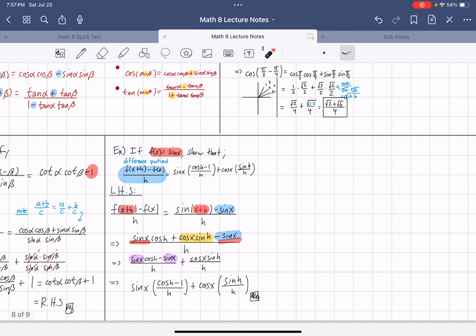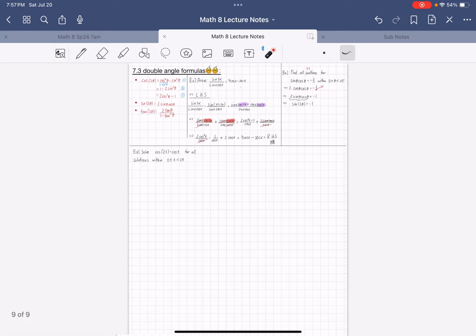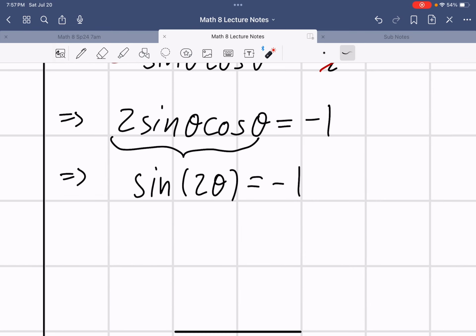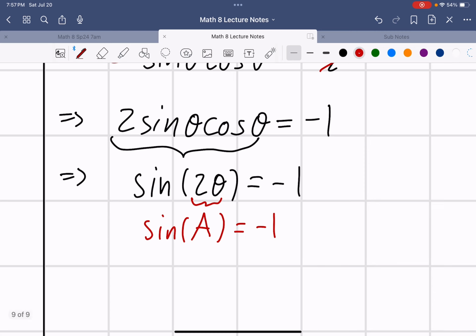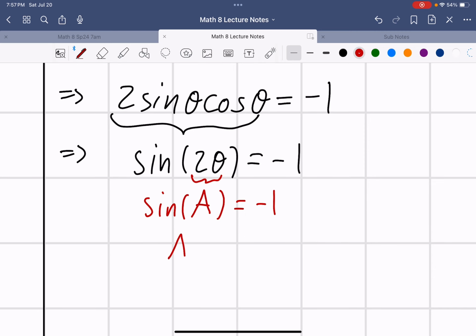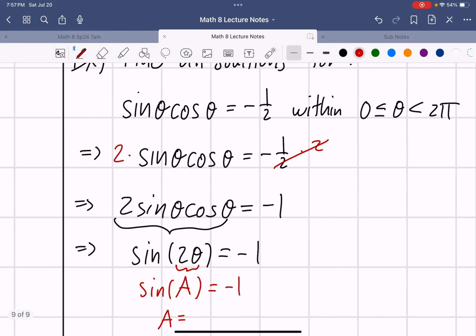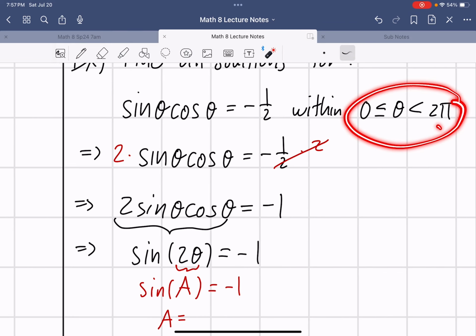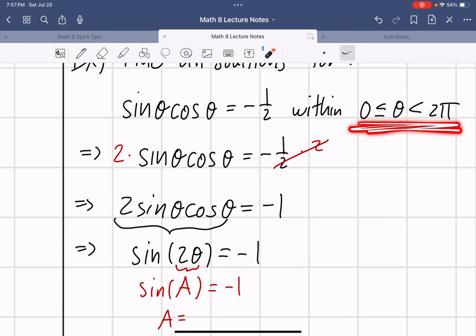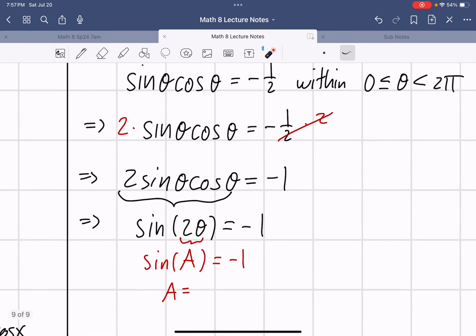So in this example, I can do the same idea by allowing this to be, let's say, sine of A equal to negative 1, because then I have to think, okay, what radian will give me that. And really quickly, I'm only looking for the solutions within this one interval from 0 to 2 pi.